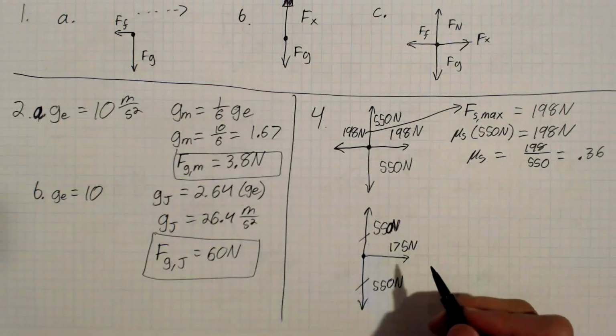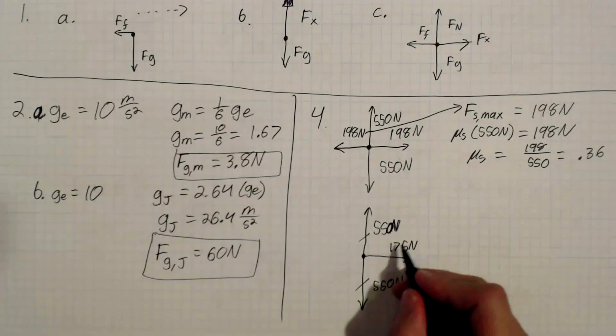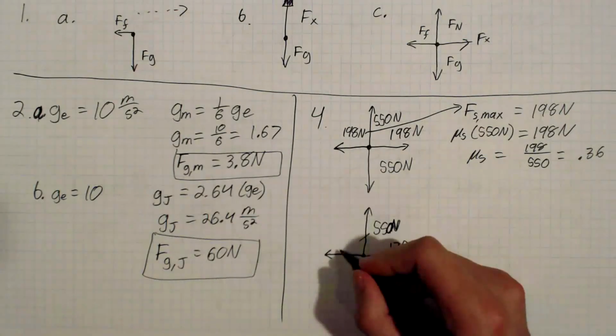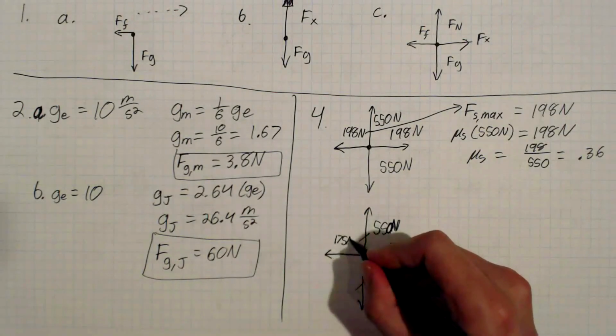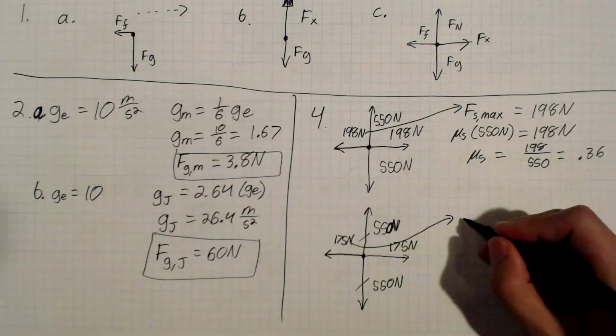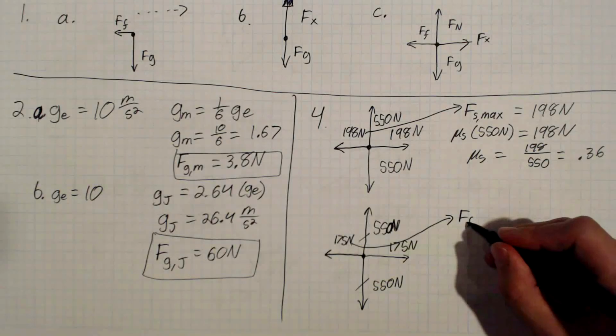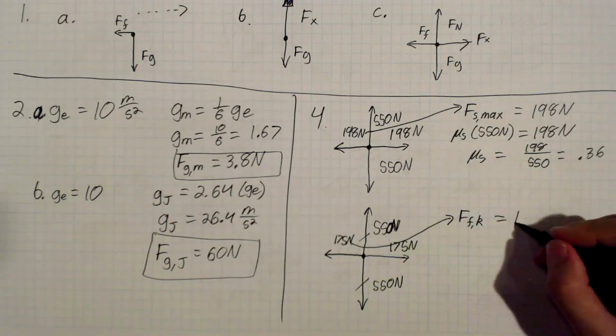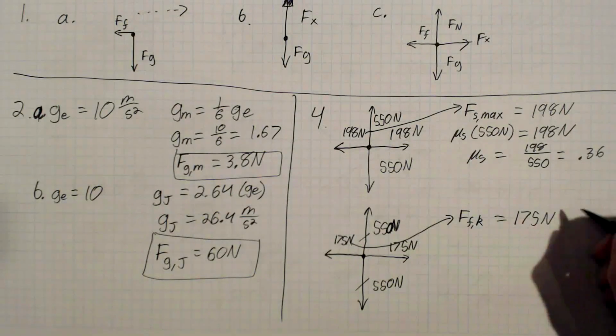So the normal force and the force of gravity balance out. So the forward applied force has to be equal to the backwards force of friction. So that's going to be equal to 175 newtons. So this force, which is our force of kinetic friction, is going to be equal to our applied force, 175 newtons.